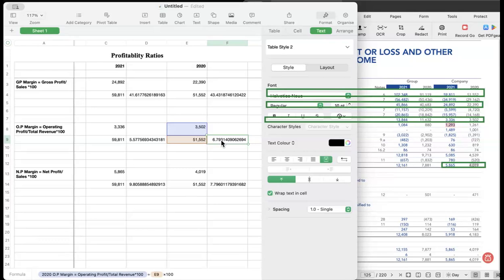To improve the net profit margin, the company can increase its sales revenue by increasing the price of the products, or they can also increase the quantity of goods sold. They can use various promotional strategies to increase the sales of the product. You have to give these kinds of suggestions if the task asks for recommendations. I don't think they ask for recommendations. They only ask you to do an analysis and a comparison.